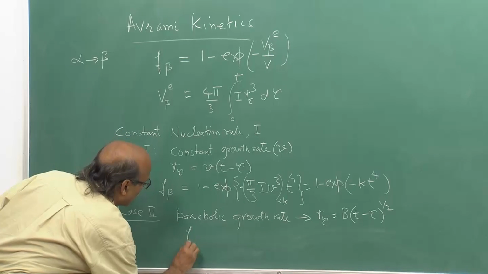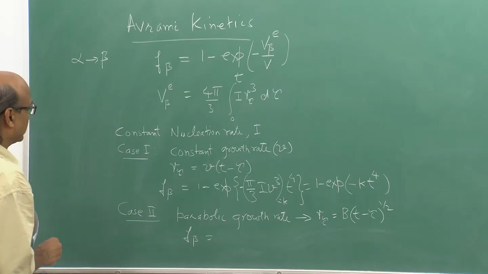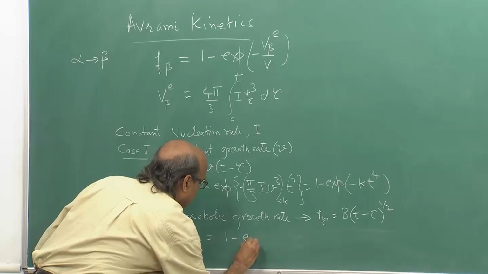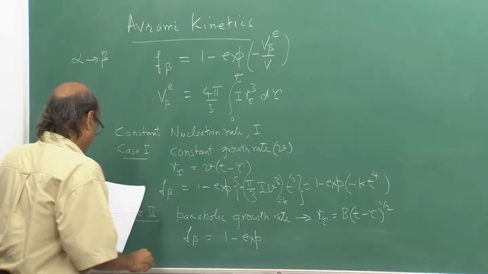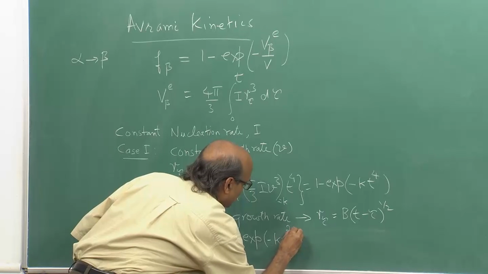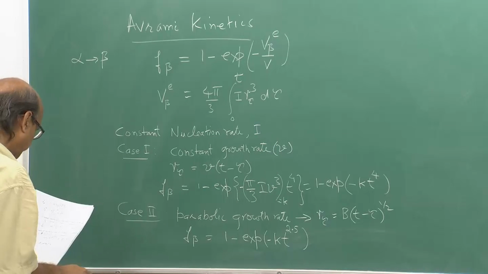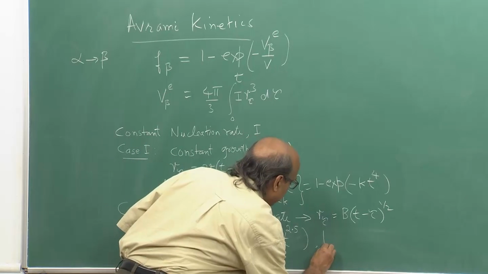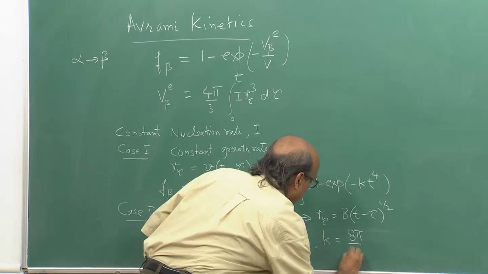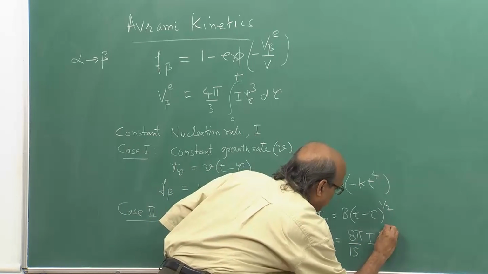From this, one got the function for fraction of beta transformed as a function of time as 1 minus exponential minus k t to power 2.5 or 5 by 2, where k in that case was 8 pi by 15 the nucleation rate times the constant b cubed.